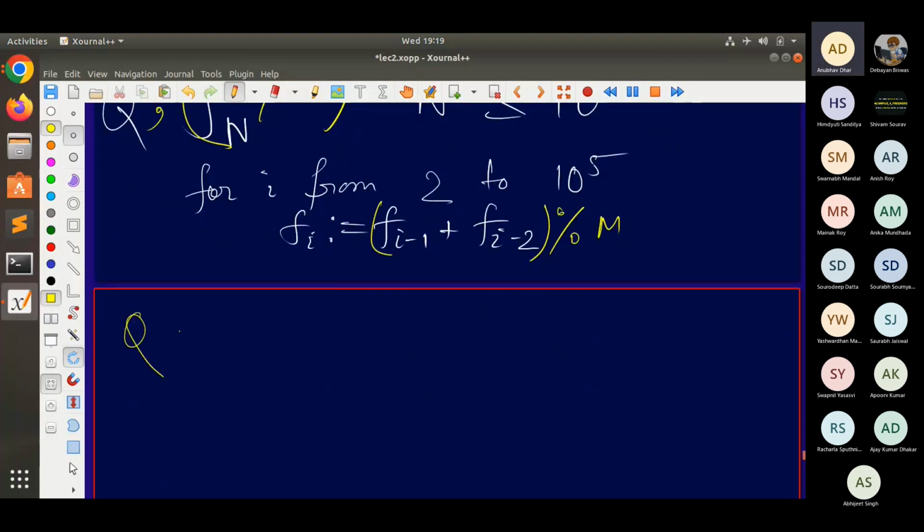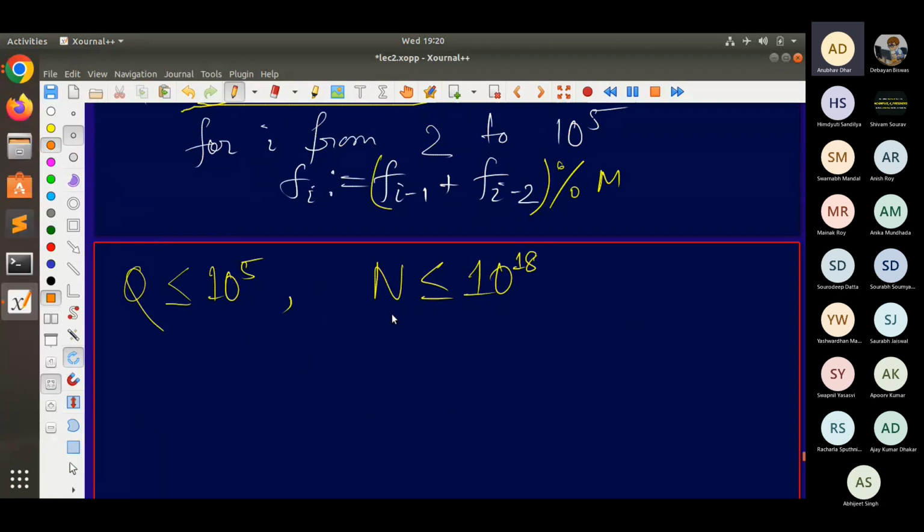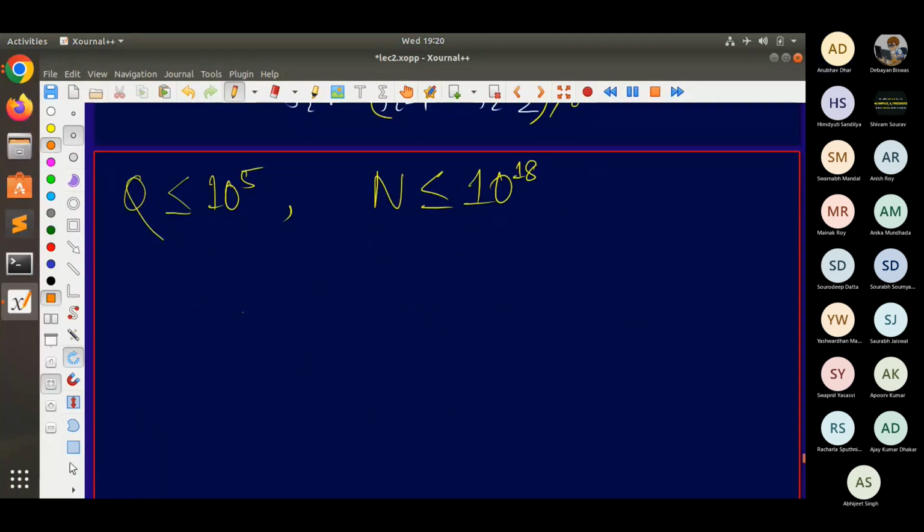Okay, now the question is if q is less than or equal to 10 to the power 5 and n is less than or equal to 10 to the power 80. Now, is it at all possible to find this value? Someone was suggesting something regarding some new matrix.